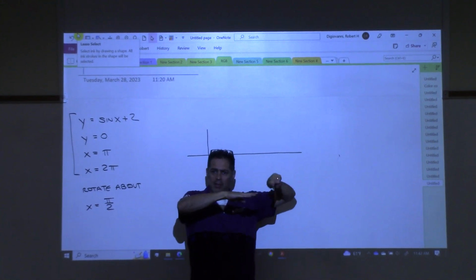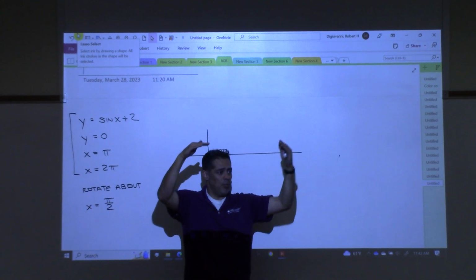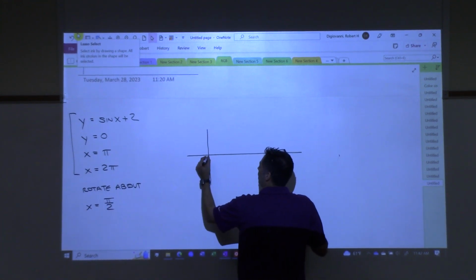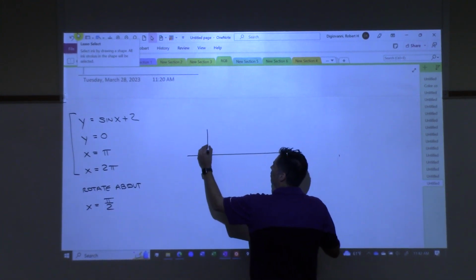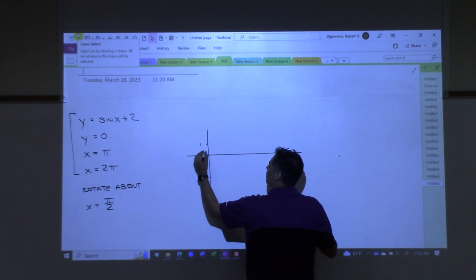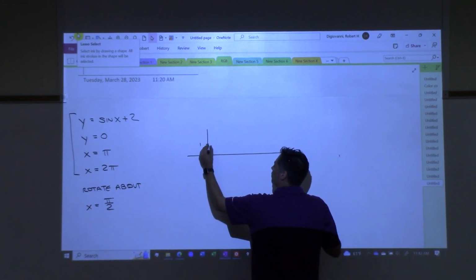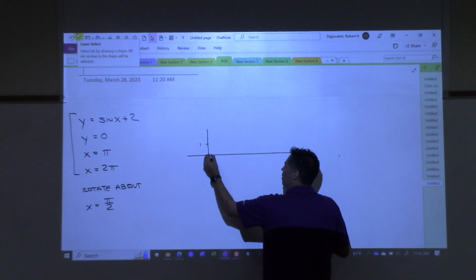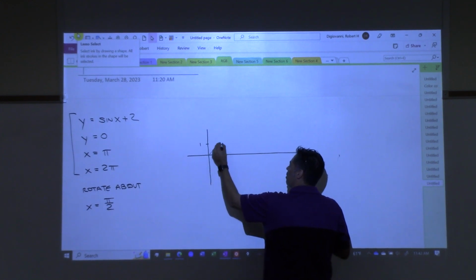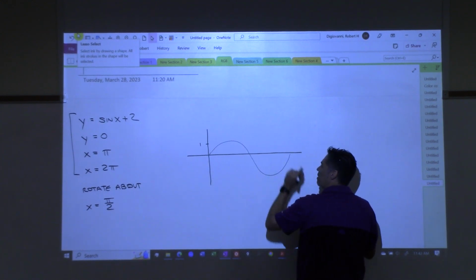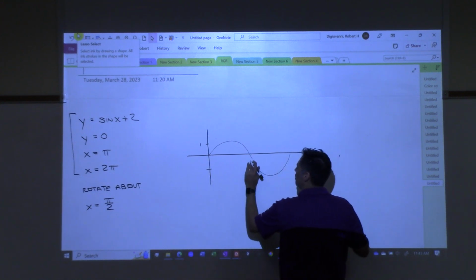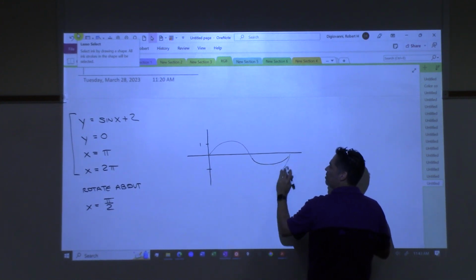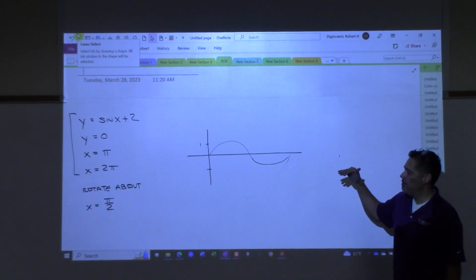If I move it up 2, everything's going to be 1 unit above. The normal sine function would look like this, something like that, between -1 and 1.